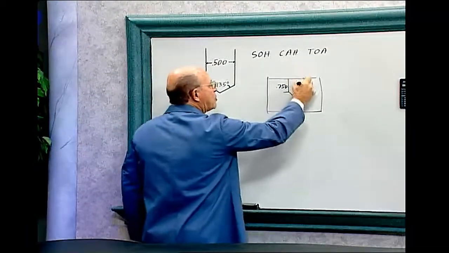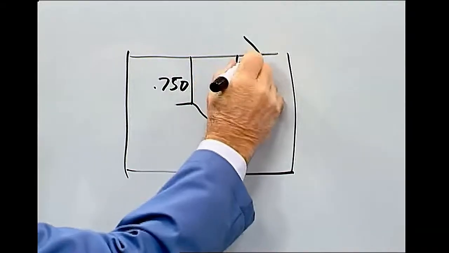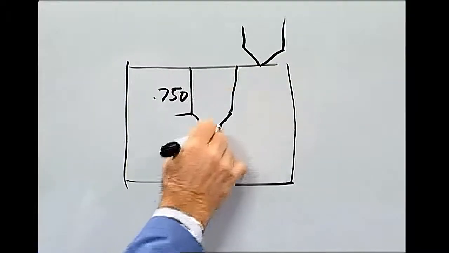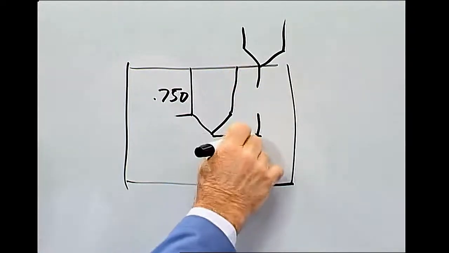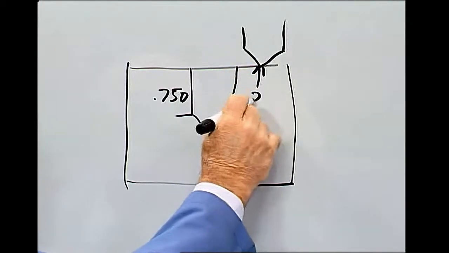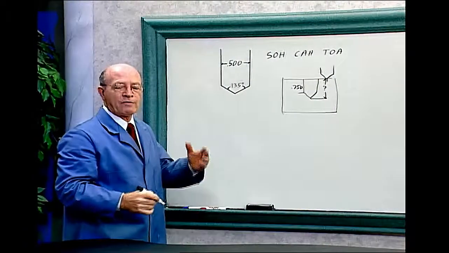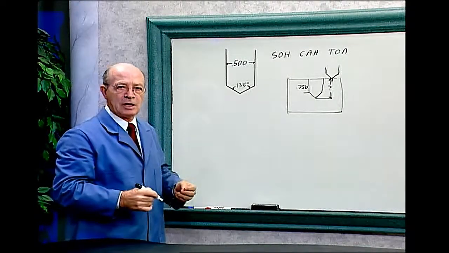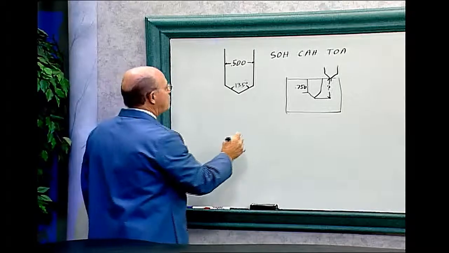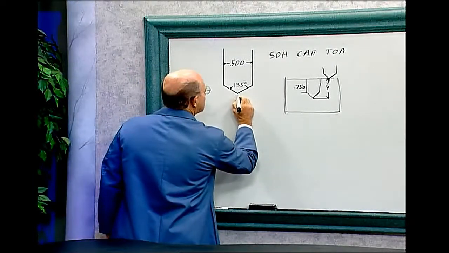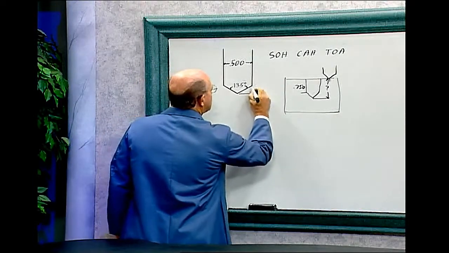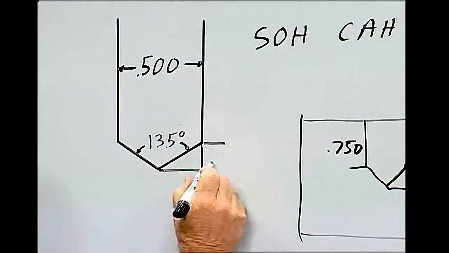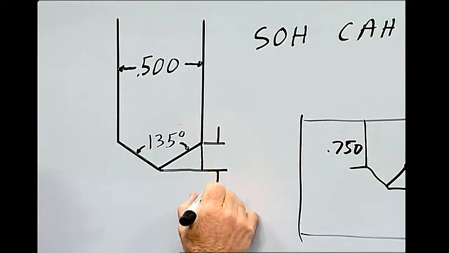But when you bring that drill over here and touch this surface, and here's the point of the drill, how far does that drill go down from here? And so what you have to do, you have to use trig. And as a machinist working on that NC machine that he has there, he has to calculate now. And what he has to calculate is this dimension from here to here. And as you can see, this is what we got to find out. What is that dimension?